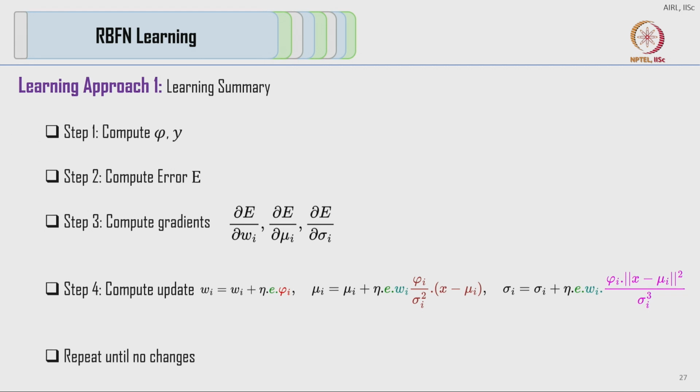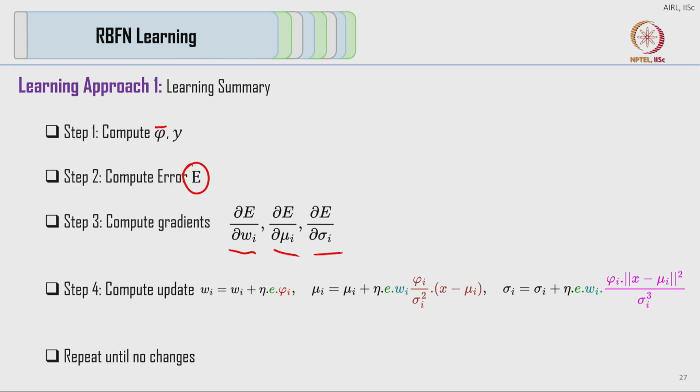Then for every sample, I can find out the hidden layer output, which is φ, it is a vector, remember, and then I can compute the output y, I can compute the loss E, and I can compute the gradients for Wi, μi and σi, and then update for that particular sample, and repeat for the next sample.